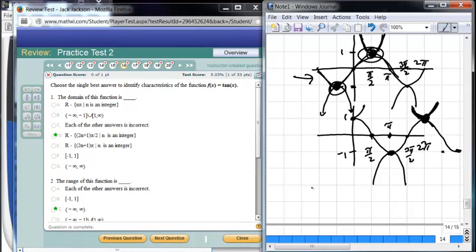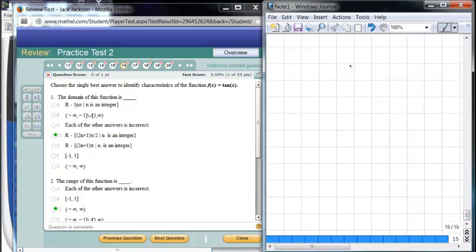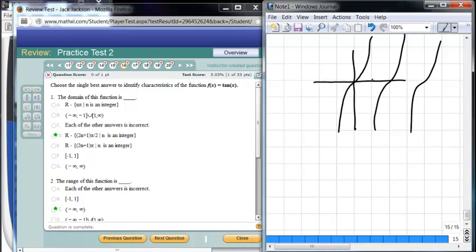I don't have tangent drawn over here. Let's do a quick sketch of tangent. Tangent's going to go like this, and then again, and again. And what are these guys? That's 0. This is pi. This is 2 pi, etc. This is pi over 2, negative pi over 2, 3 pi over 2.